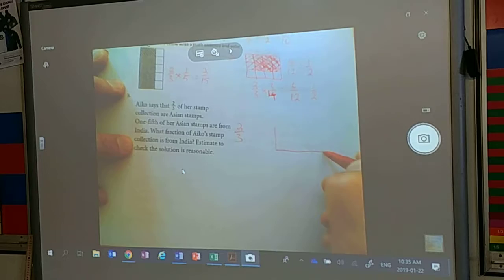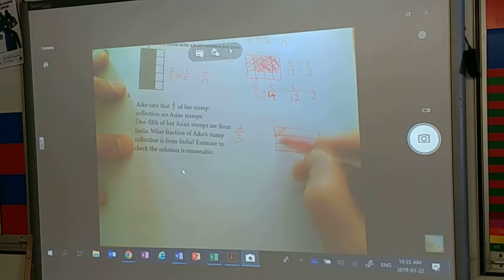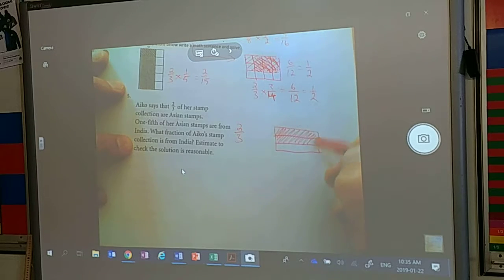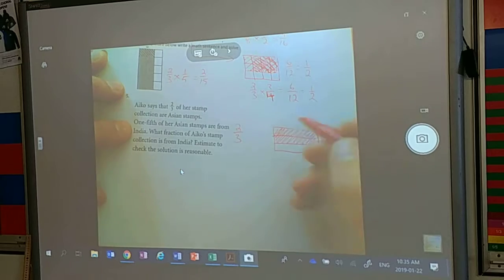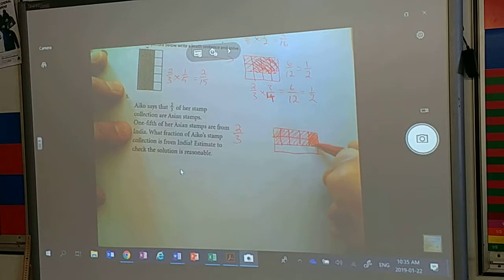So here's her stamps. 2/3 of them are Asian. 1/5 of her Asian stamps are from India. Well, wait a second. Doesn't this look familiar?